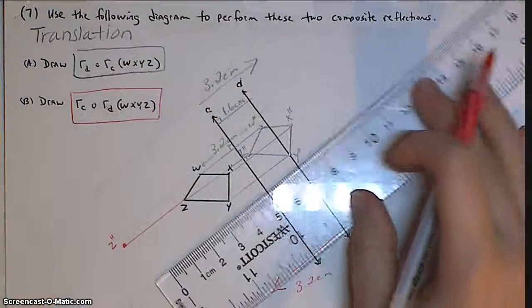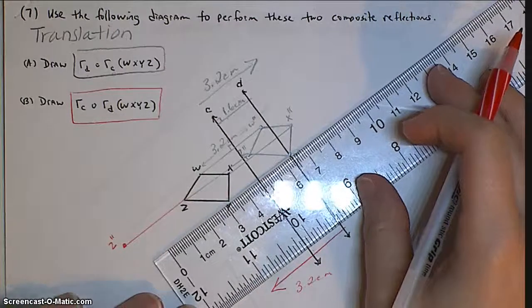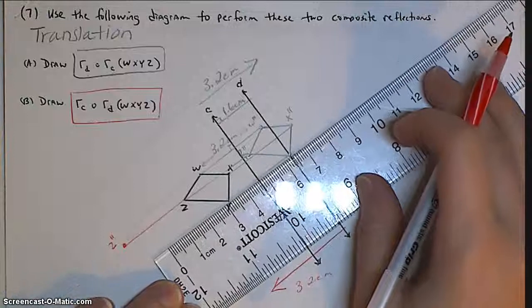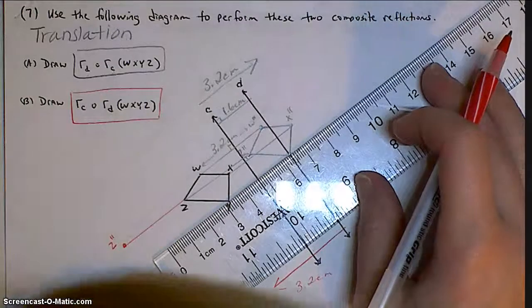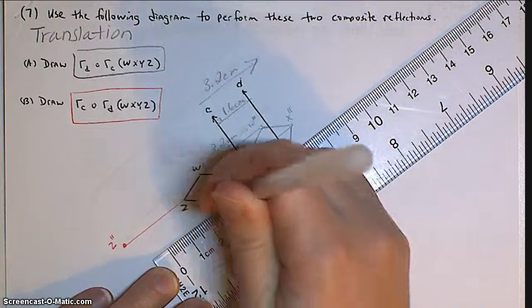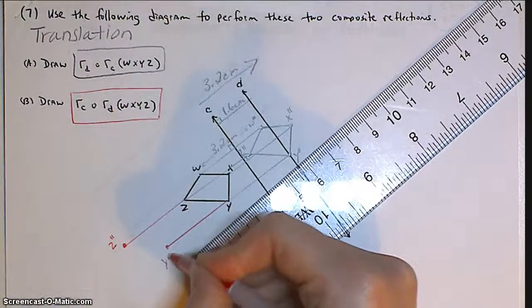So there's Z double prime. Going to do the same thing for Y. So I'm going to line it up at 3.2 and then move my ruler around a little bit until it is lined up perfectly with our lines of reflections. That's Y double prime.